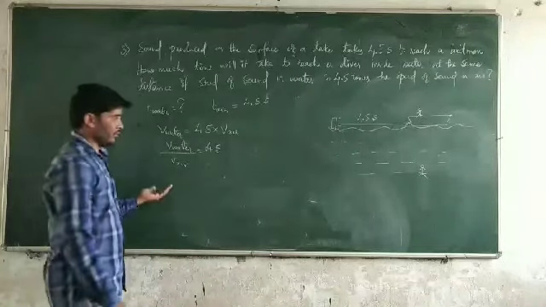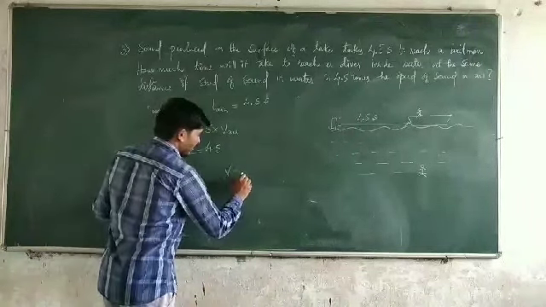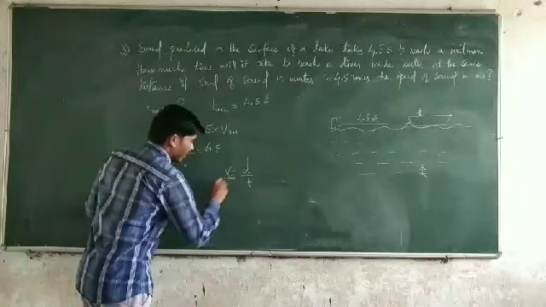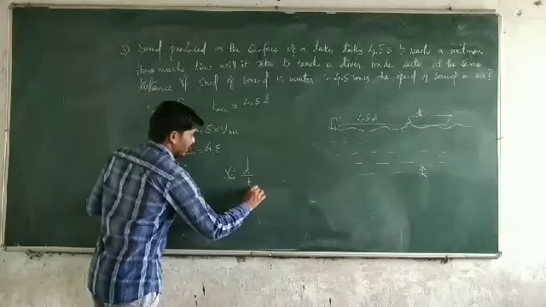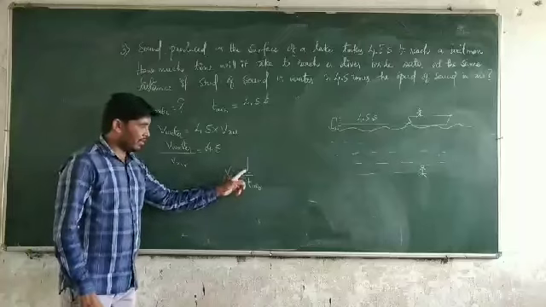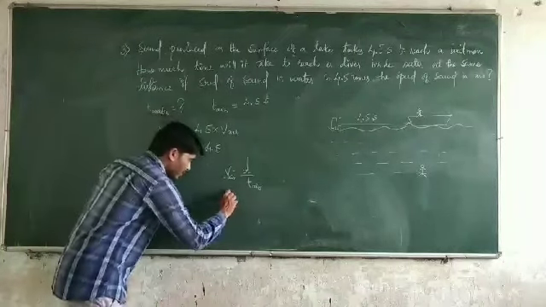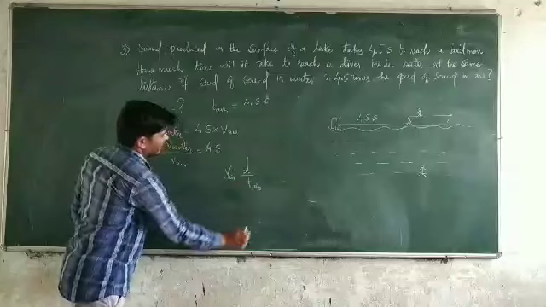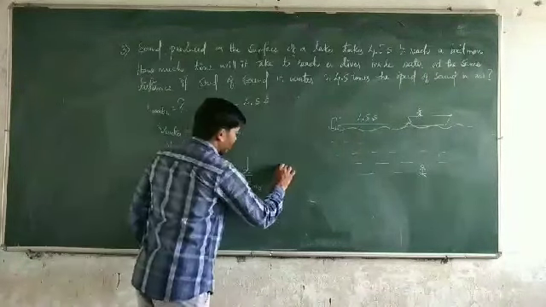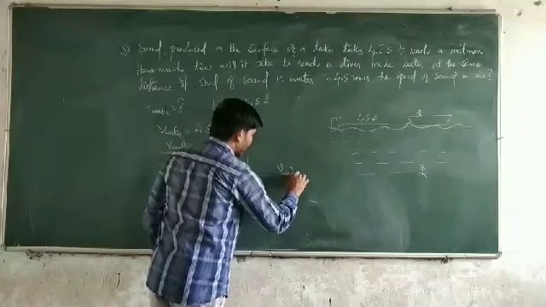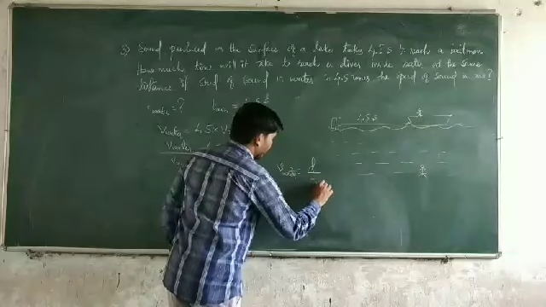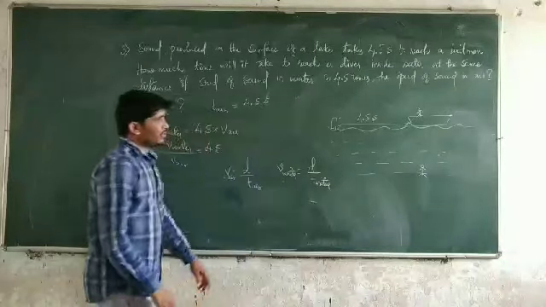So from the relation V is equal to distance by time, V of air is equal to D by T of air. From this we can also write V of water is equal to distance by T of water. Look at the question carefully.